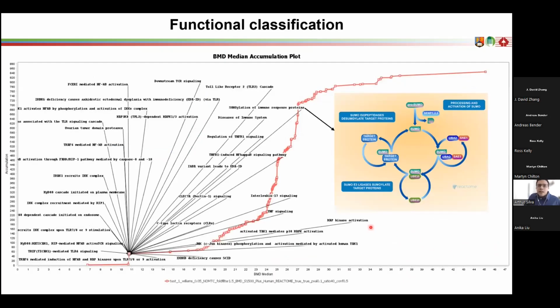So on the other hand, we have performed a functional classification using BMD Express as well, just to visualize the most sensitive genes or clusters of genes and the biochemical pathways they are related with. As an example of these, I'd like to emphasize this third cluster of genes here in this plot.